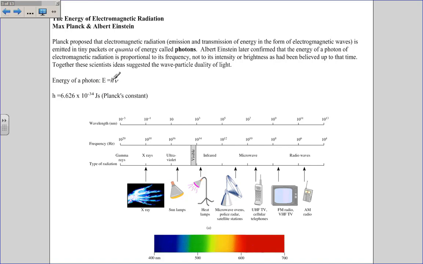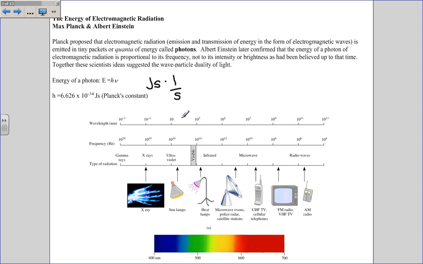So you can see when you look at this formula, if I take Planck's constant, which has the unit joules seconds, and I multiply that by the frequency of light, which is seconds to the negative 1, or 1 over s, you can see when I multiply these two values, I am left algebraically with joules, which is a unit of energy.